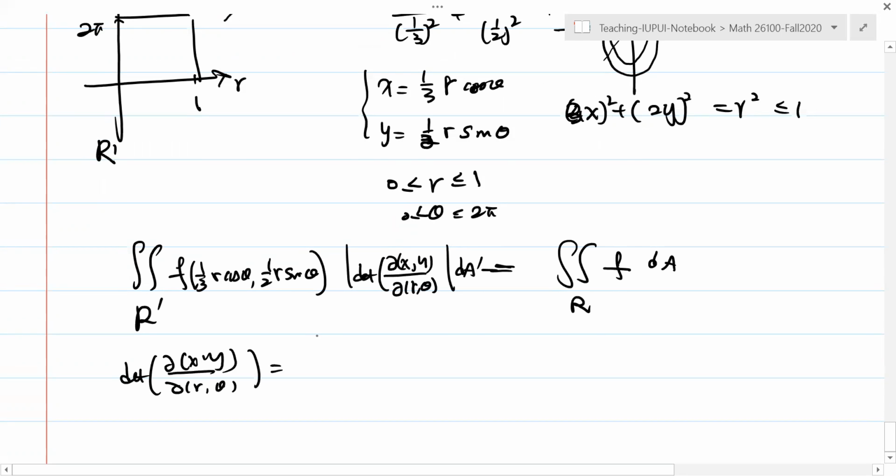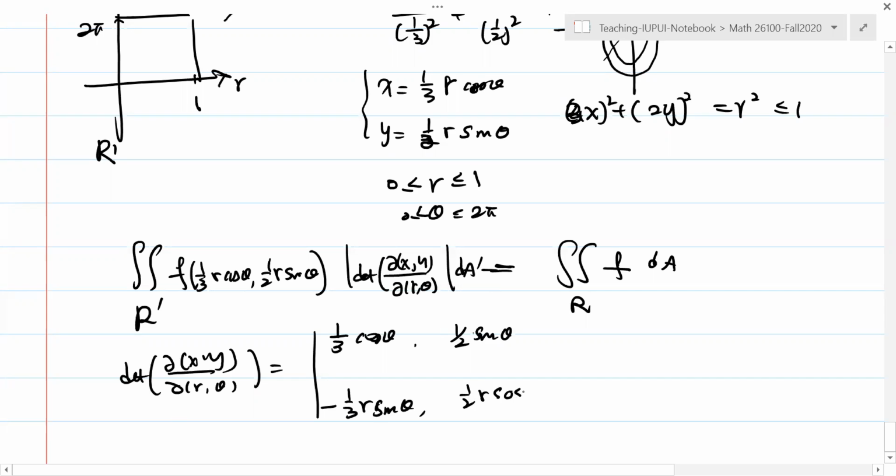This is very similar to polar coordinates. It's going to be 1/3 cosine theta, and then here 1/2 sine theta, then you differentiate with respect to r and with respect to theta.